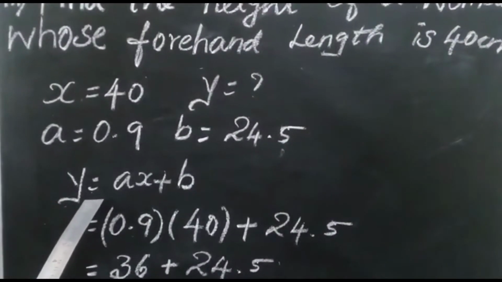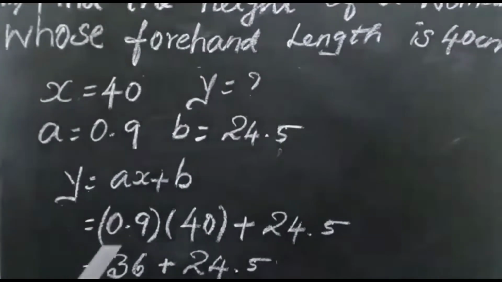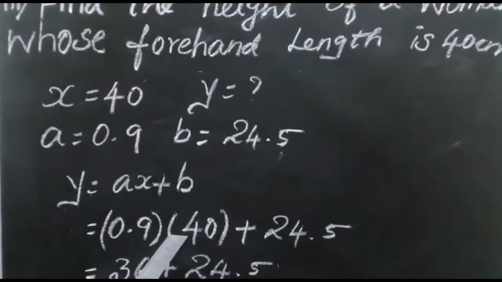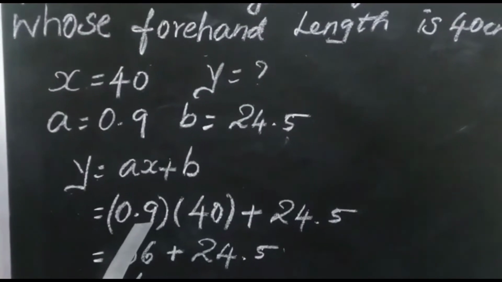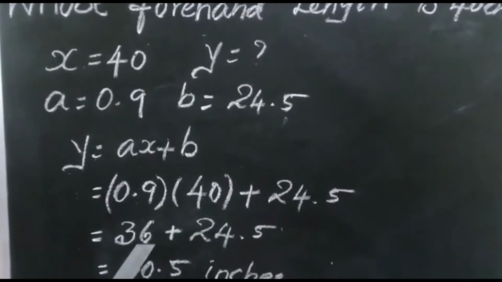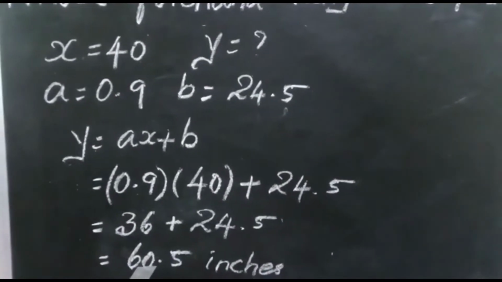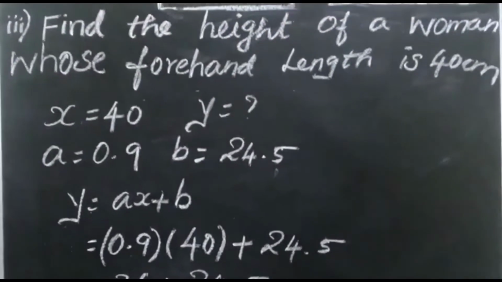What is the equation? y equals ax plus b. Now substitute: 0.9 into 40 plus 24.5. Now multiply 0.9 into 40. What is the answer? 36 plus 24.5. Now add the values: 60.5 inches. So the height of the woman is 60.5 inches.